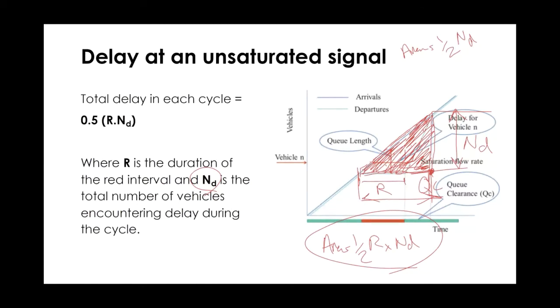If we consider this as 0 here, it would be multiplied by QC, right? There's also another small triangle here. So it's a lot of triangles, and we can play with lots of triangles here to do the analysis we want to do. There's also this little triangle here, and this part here is actually QC minus red time, right? So the base is QC minus red time, height is ND.